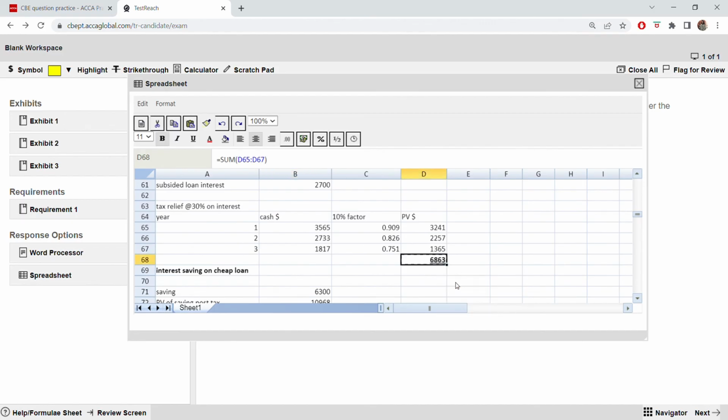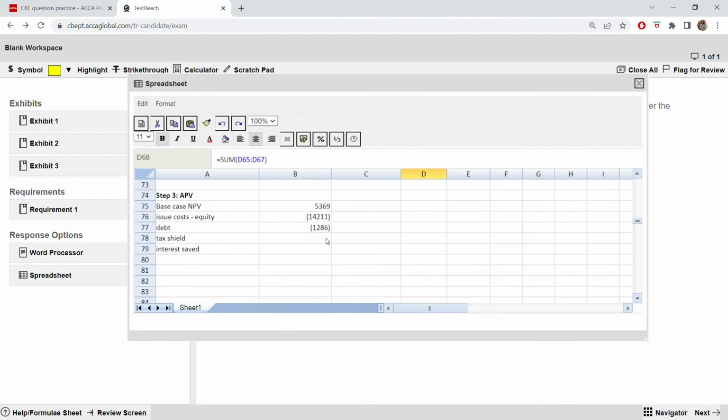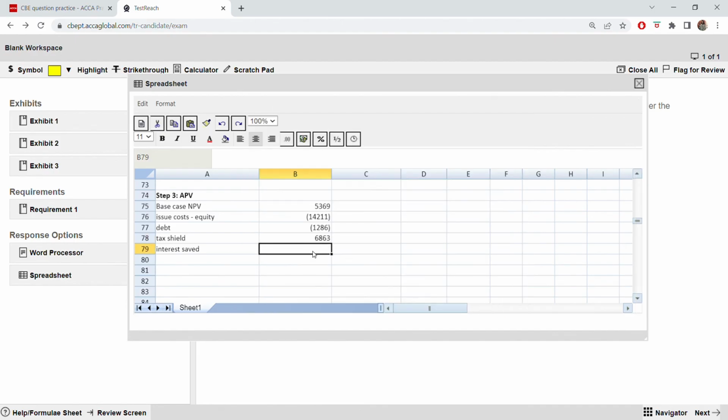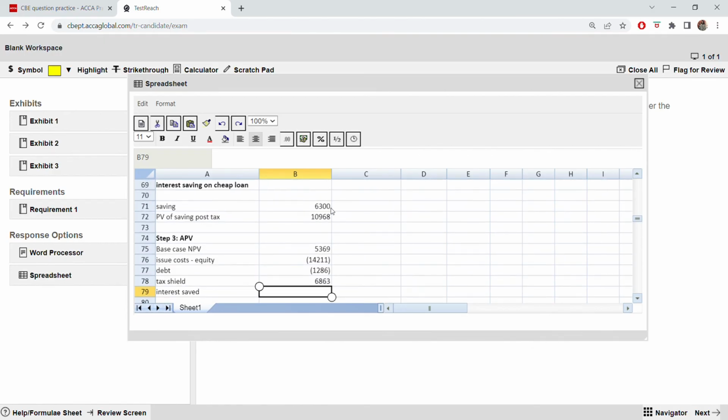Copy paste. Copy. Paste special. Just the value. Or you can just type it, 6863, if you do not want so much of this. Value of this is this. Copy.